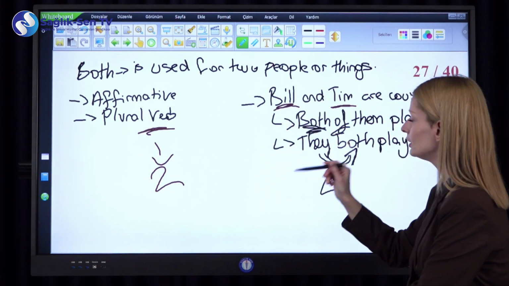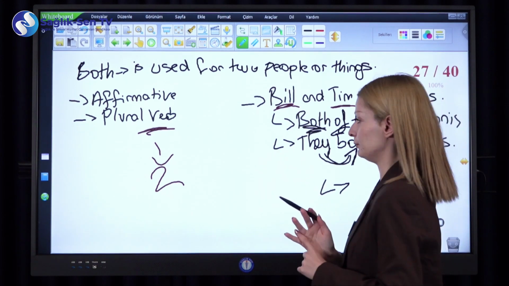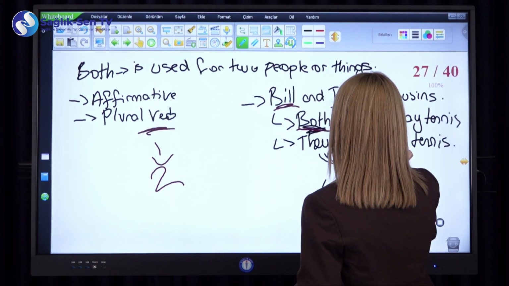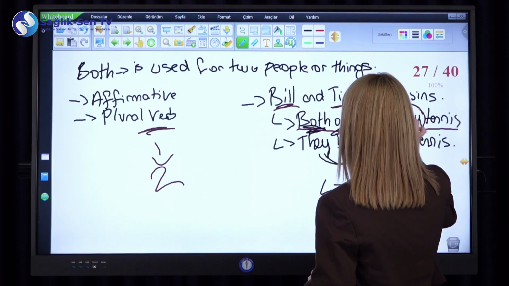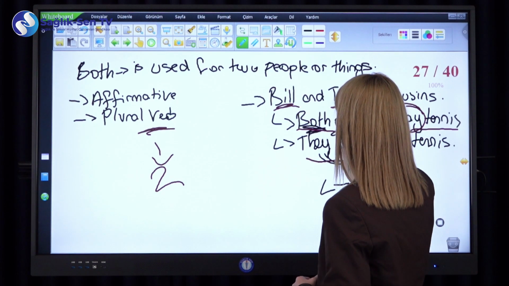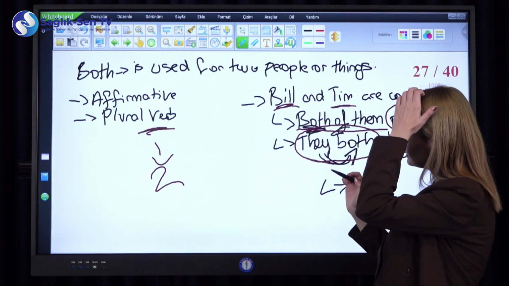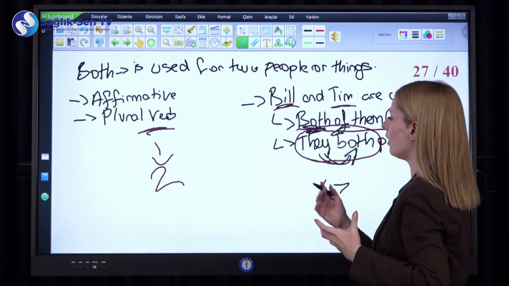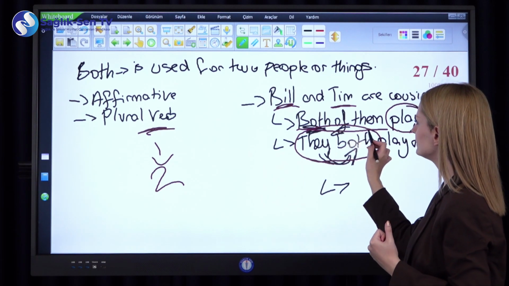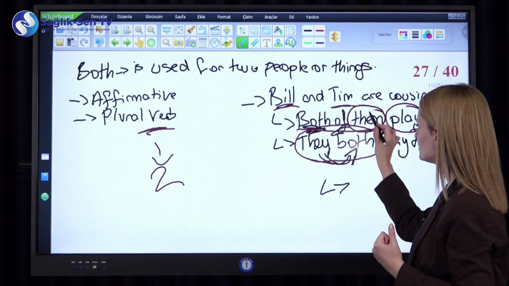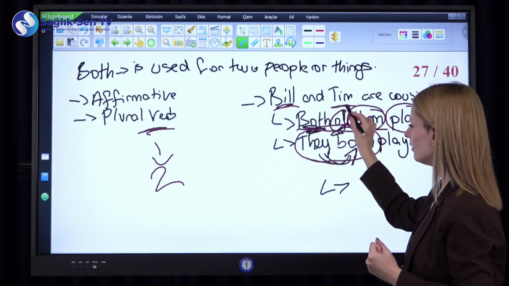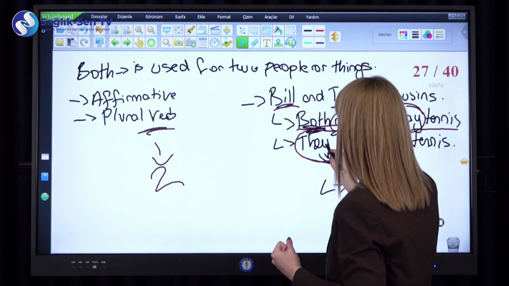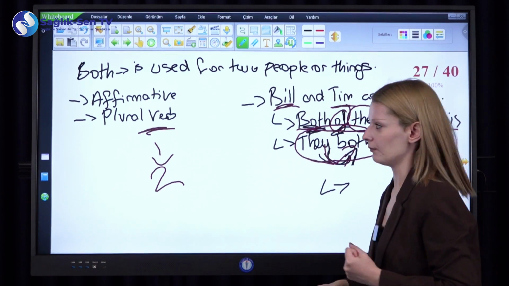We have two subjects here, two people. Both of them play tennis. I used a plural form. And again, similar to all, I can either use it before the object pronoun with of, or after the subject.